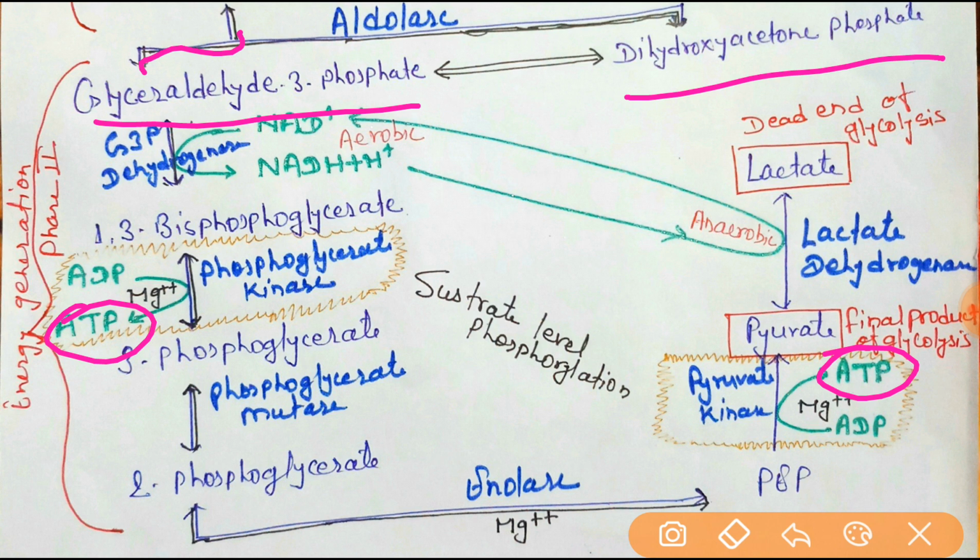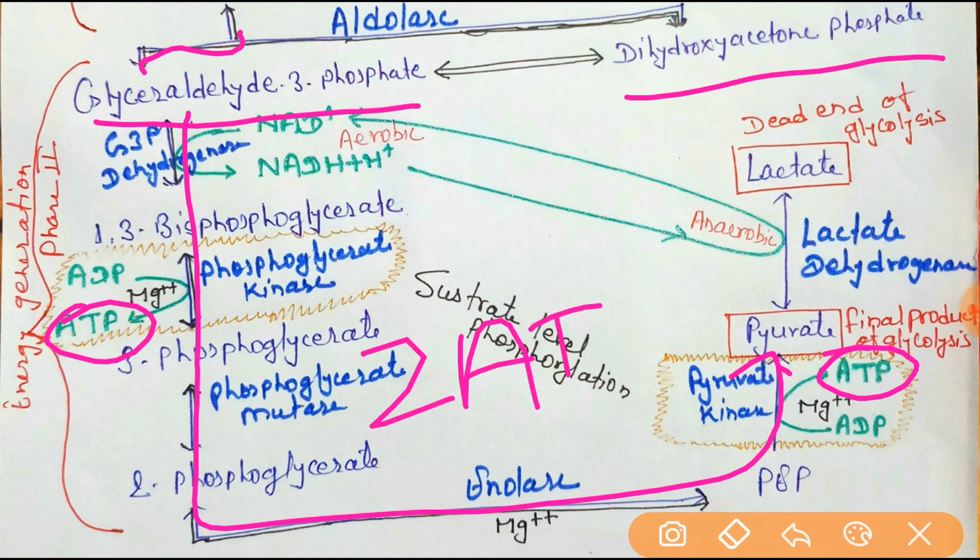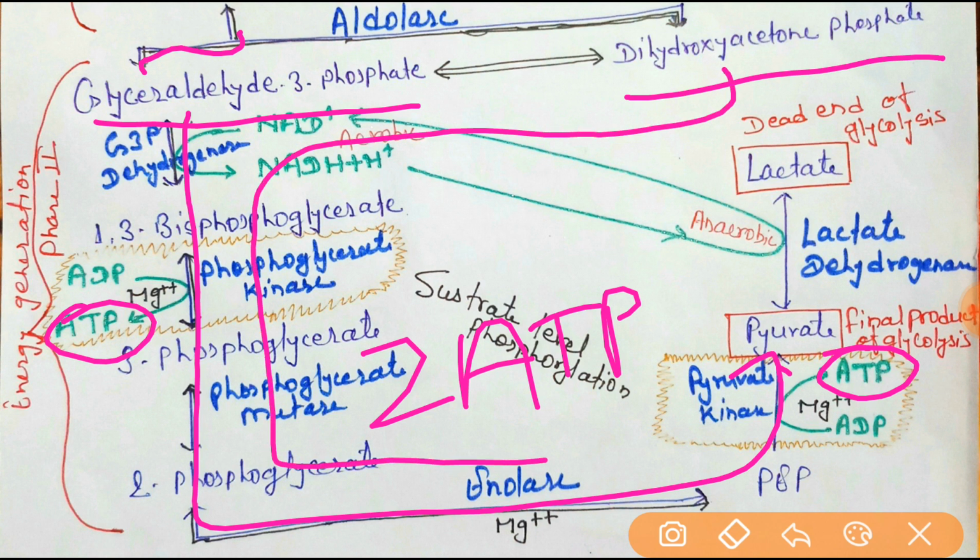That means glyceraldehyde 3 phosphate completes 1 cycle and forms 2 ATP, and dihydroxyacetone phosphate also completes 1 cycle and forms plus 2 ATP.